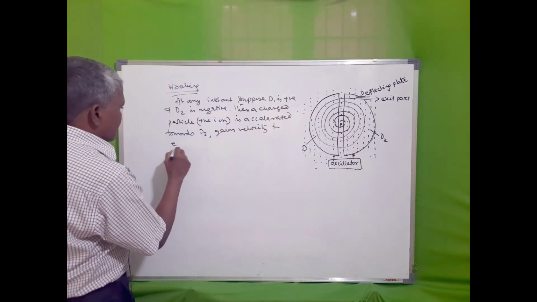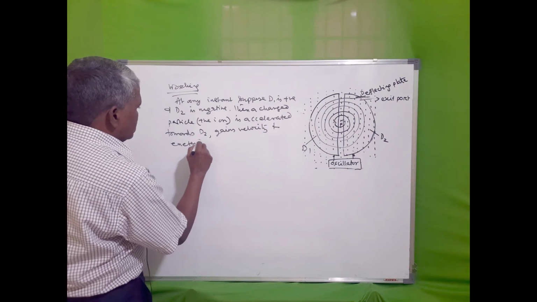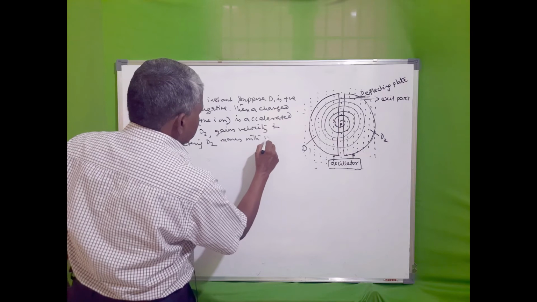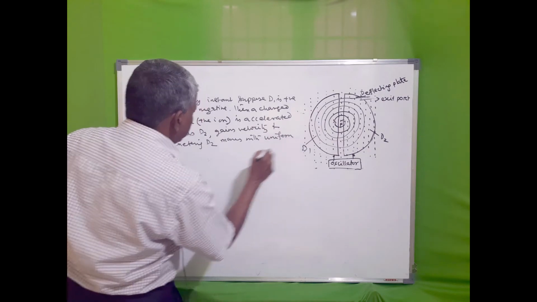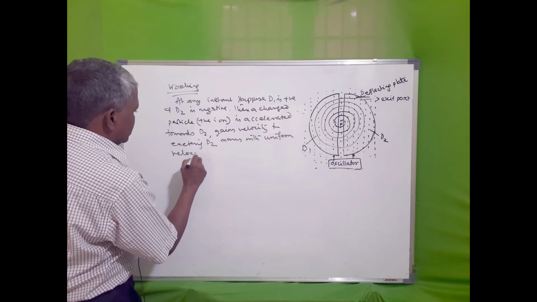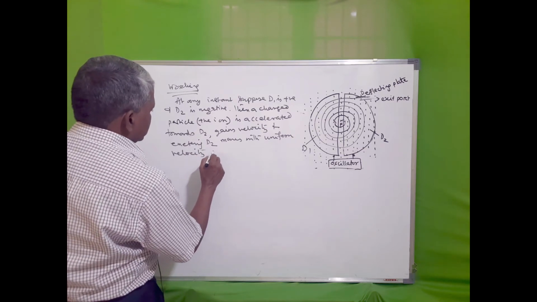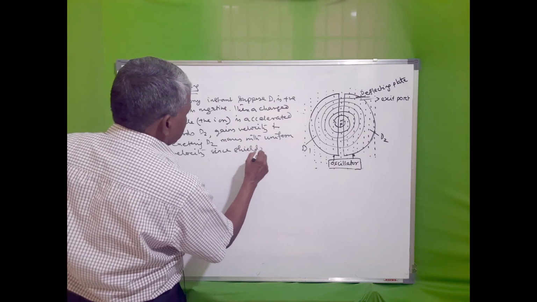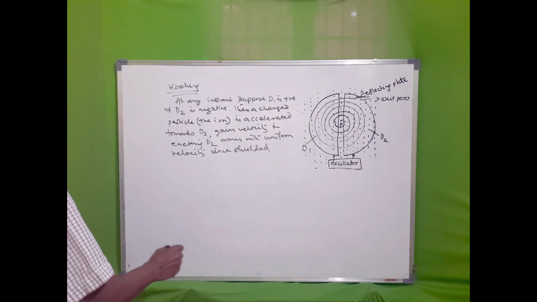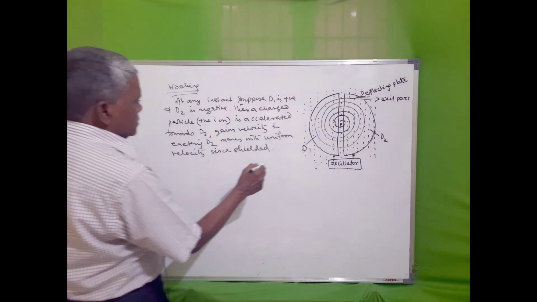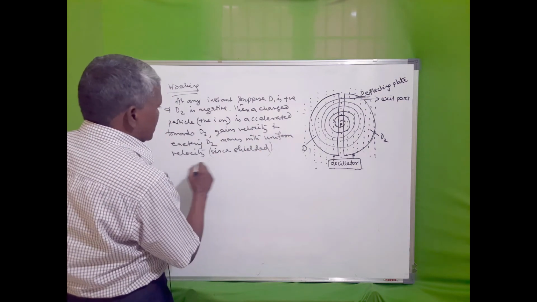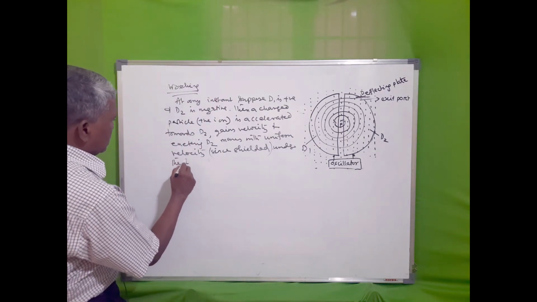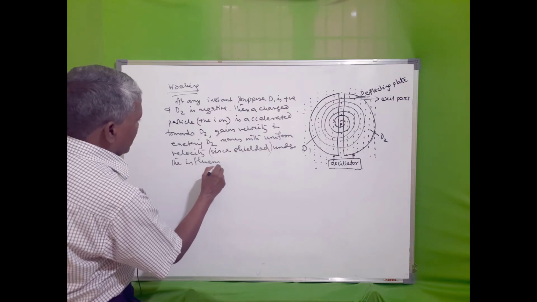Entering D2, it moves with uniform velocity since shielded, which means there is no electric field inside, under the influence of magnetic field.